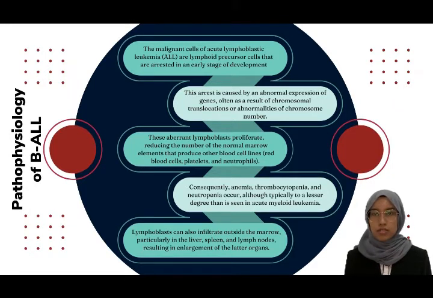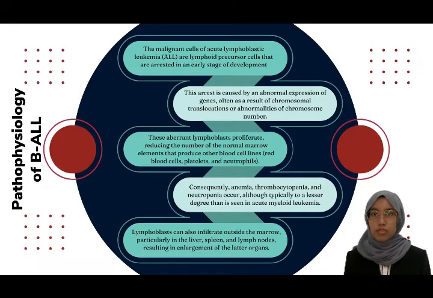These aberrant lymphoblasts proliferate, reducing the number of the normal marrow elements that produce other blood cell lines like red blood cells, platelets, and neutrophils. Consequently, anemia, thrombocytopenia, and neutropenia occur, although typically to a lesser degree than seen in acute myeloid leukemia.